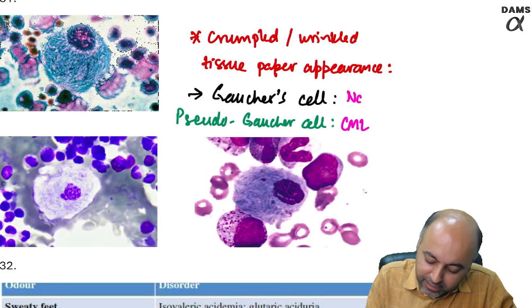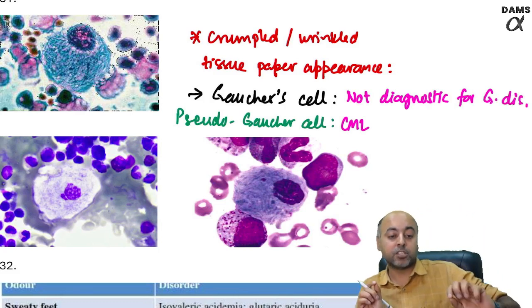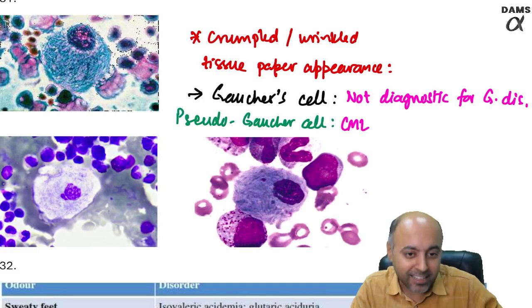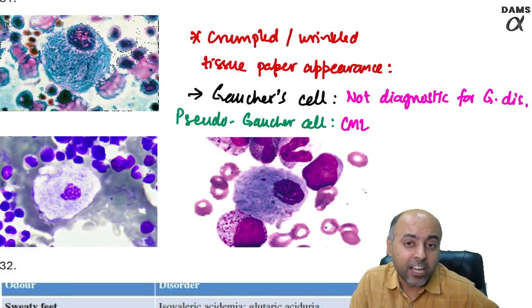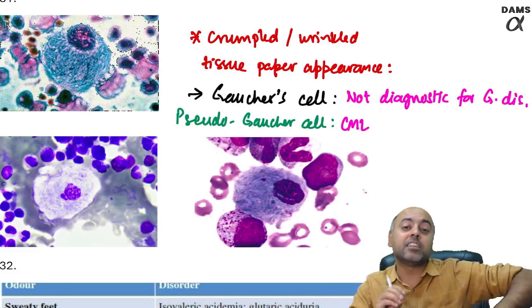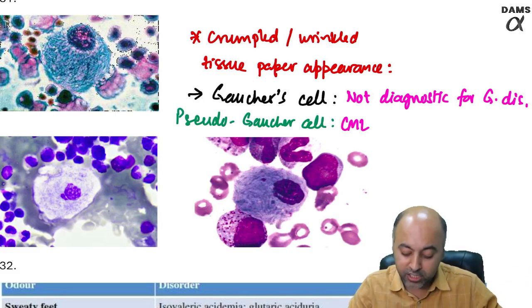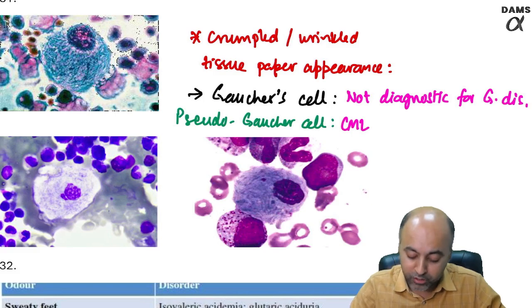Therefore, the Gaucher cell is not diagnostic for Gaucher disease. So please remember that the Gaucher cell is characteristic. It is seen very frequently in Gaucher disease, but we can't call it diagnostic because we have a similarly presenting cell called the pseudo Gaucher cell, which is seen in chronic myelogenous leukemia.